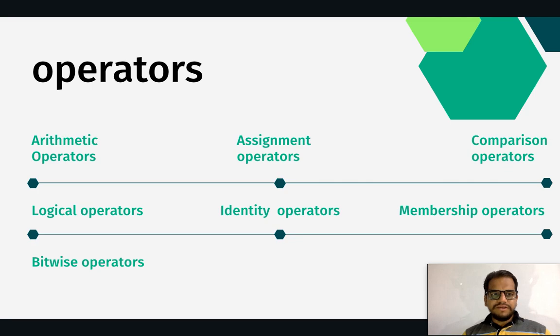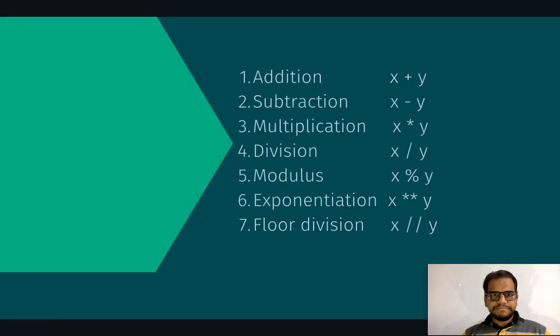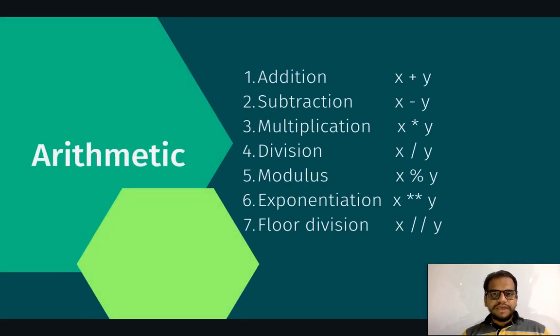So let's see the arithmetic operators. Arithmetic operators have addition, subtraction, multiplication, division, modulus, exponentiation, and floor division. These kinds of operators are the arithmetic operators in Python.